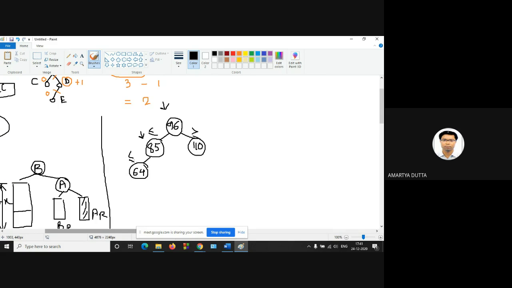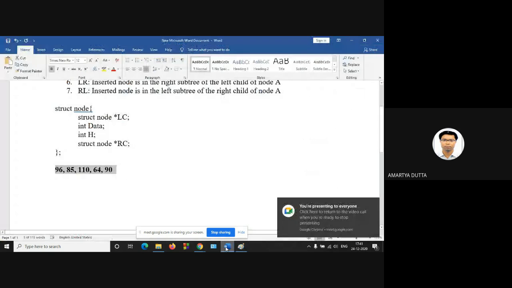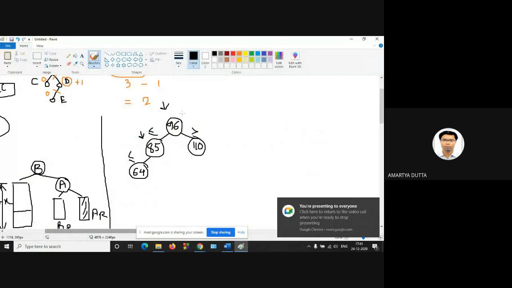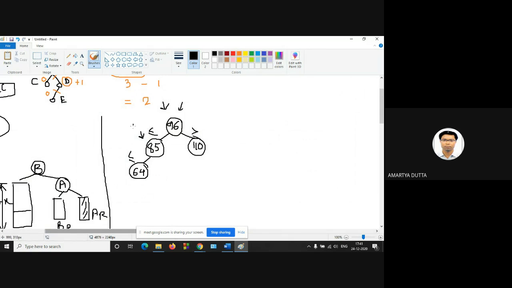Next one is 90. Scan from 96, 90 is less. Next scan 85, 90 is greater than 85, so it should be at the right subtree. So this is your 90. Is it clear? This is the binary search tree construction.